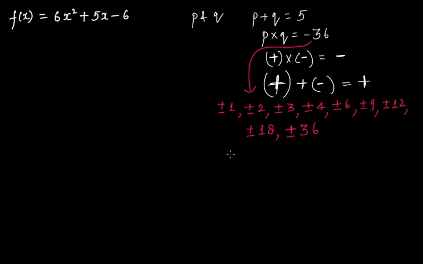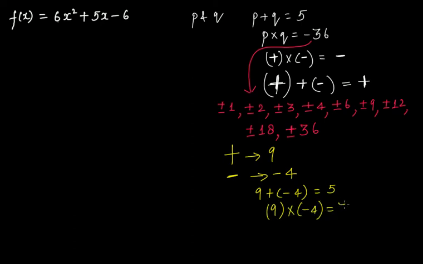Your positive number is 9, your negative number is minus 4. In that case, 9 plus minus 4 is equal to 5, and 9 multiplied by minus 4 is equal to minus 36. Any problem? Okay. So this thing is clear, 9 and minus 4.